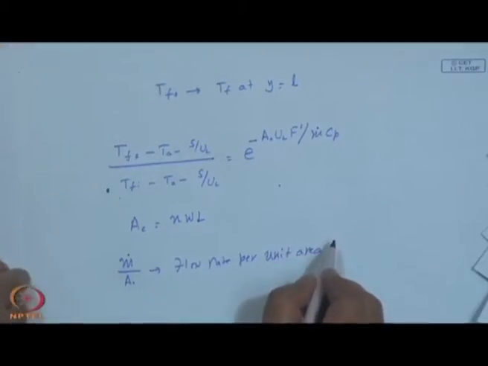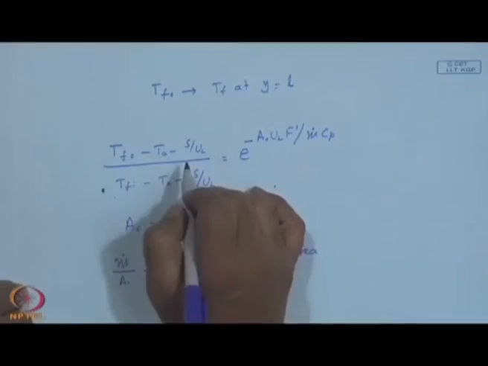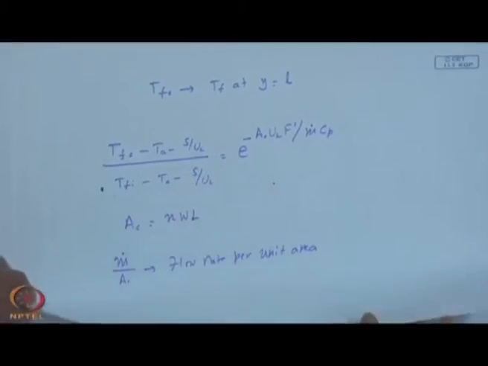Some books may write it like that, a G instead of A c in the numerator and m dot in the denominator. So, now what do I have? I know how the fluid temperature varies from inlet to the outlet, and I can estimate the outlet temperature, and we have already found the variation in the x direction through the fin concept.